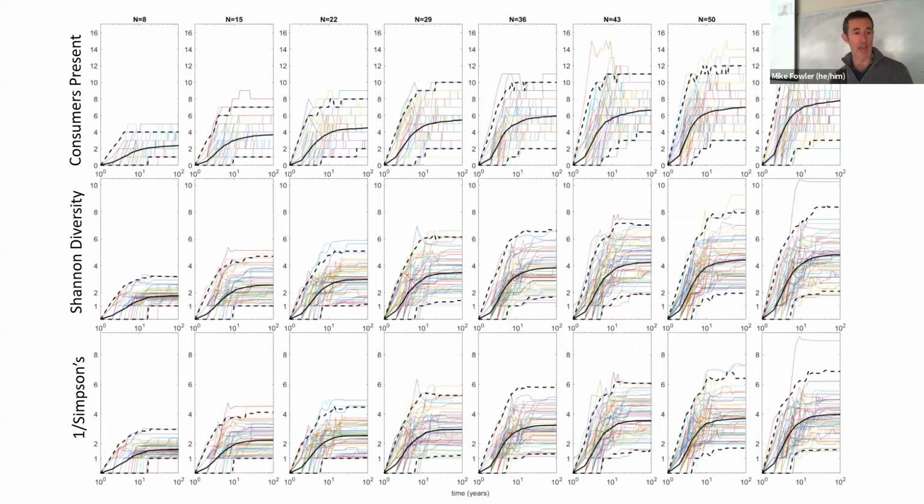We could also look at other measures of diversity or complexity, like the Shannon index or Simpson's index, and these all show very similar patterns to just the simple number of species that were present or detectable. The larger your species pool, the higher the diversity of species that you get at the end of the 100-year simulation.